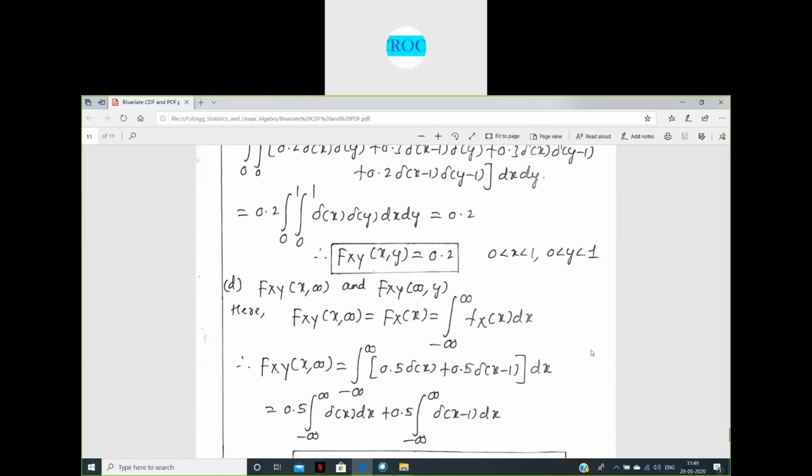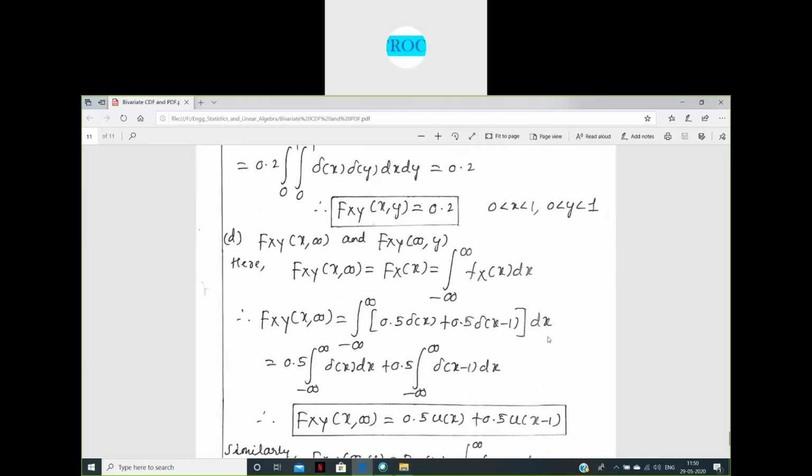Next what we need to calculate is F_XY(x,∞) and F_XY(∞,y). We know from the third property of CDF that this is equal to the integration from minus infinity to infinity of f_X(x) dx, because this is nothing but the cumulative distribution function for random variable x.